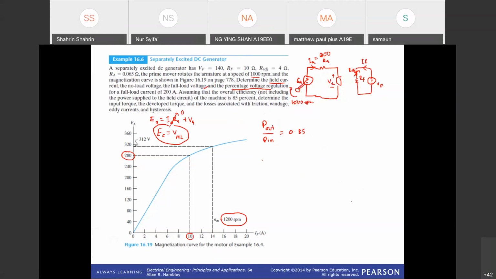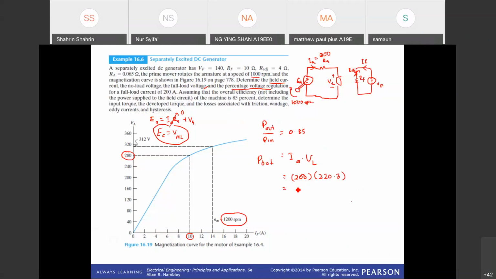P out is the electrical output, which is IA multiplied by VL. Right now your IA is 200 ampere during full load, and your VL we calculated earlier is 220.3 volt.